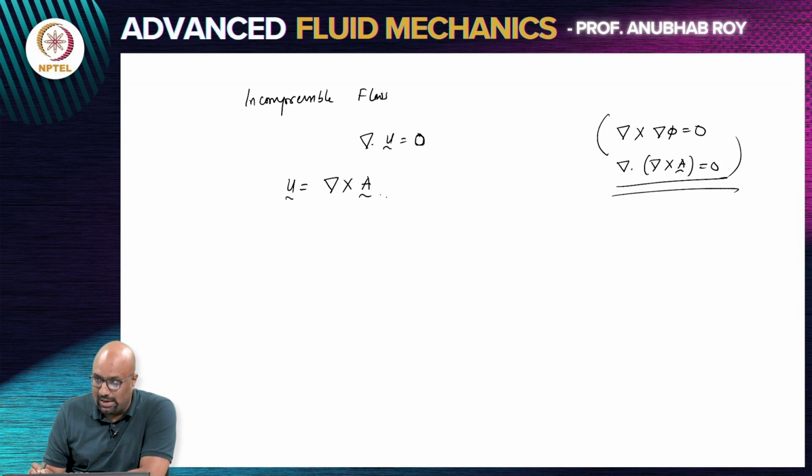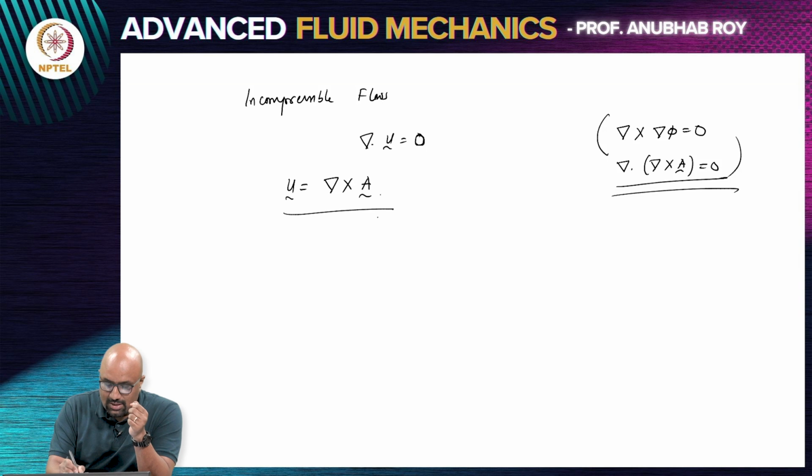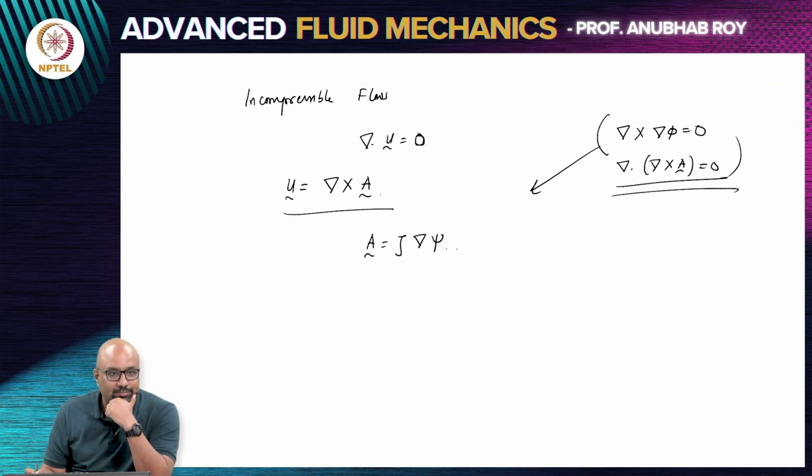Now, this idea is not specific to fluid mechanics. This is true for any vector field. It is used in the idea of the magnetic field. The magnetic field is another vector field which is divergence free, which can thus be written as a curl of another vector potential. Because this is the curl of a vector field, I can write this vector field using the first property as a combination of two scalar potentials.